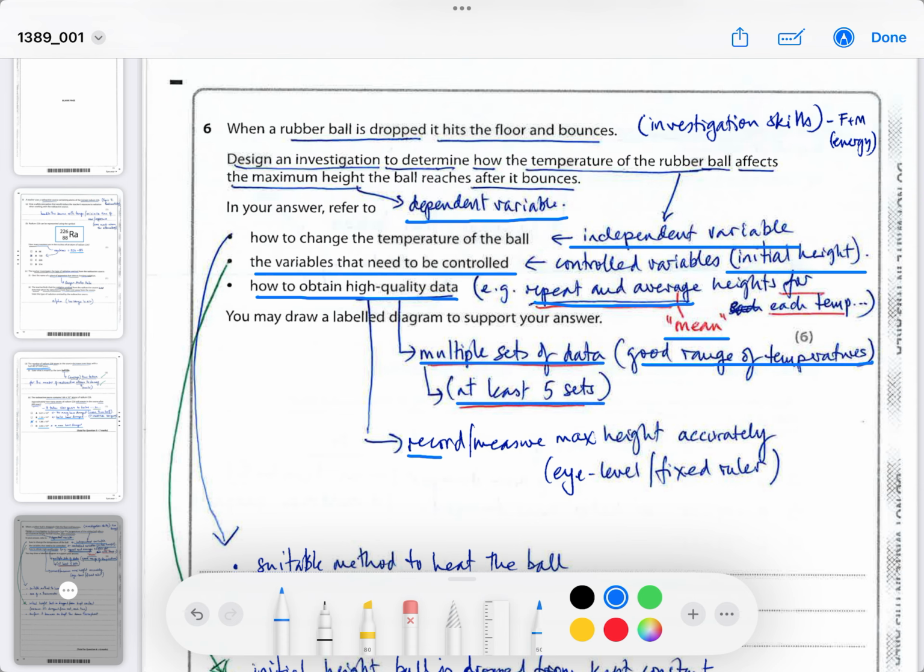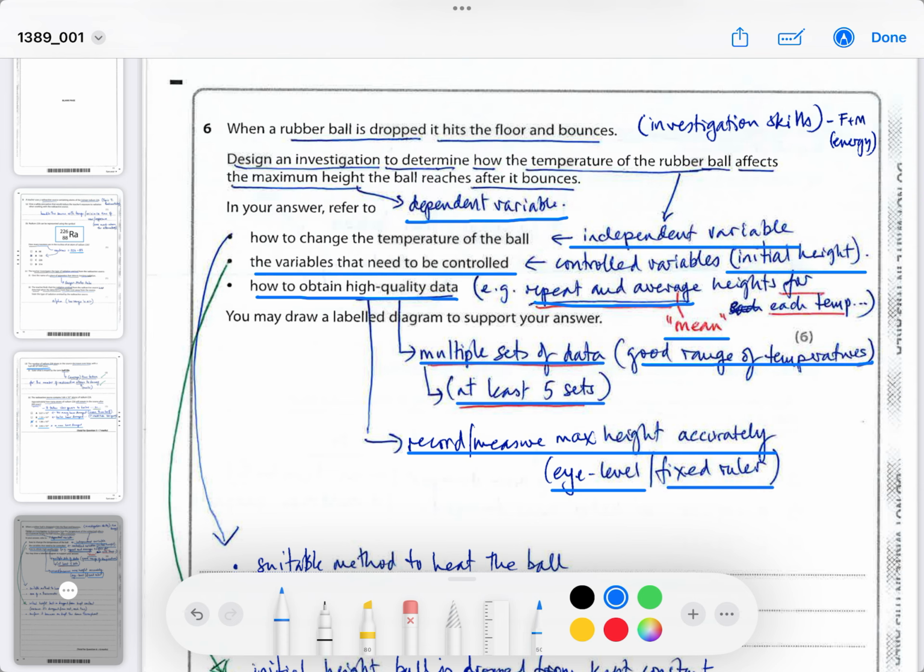And you record and measure the maximum height accurately. How do you do accurate measurements? Well, you get at eye level, to avoid parallax errors, and you fix a ruler adjacent to where the ball is bouncing, quite close to it, so you can use your ruler when you're at eye level.